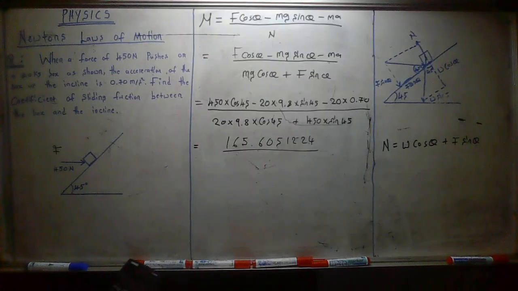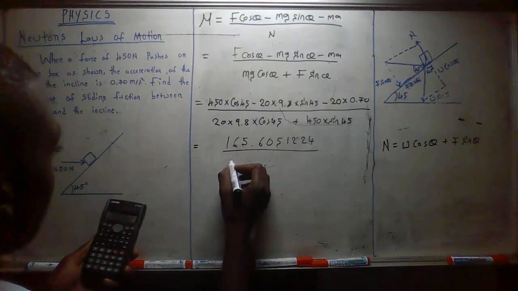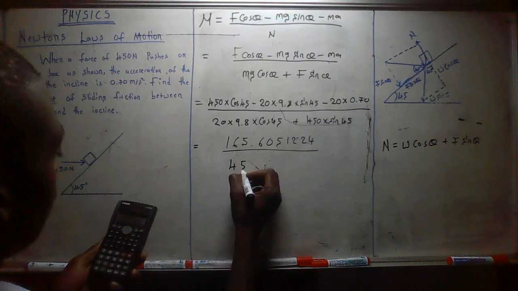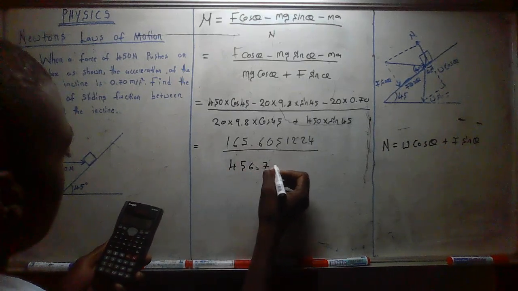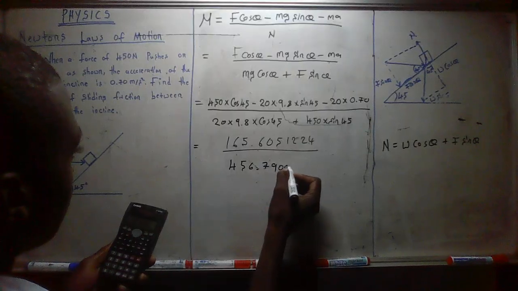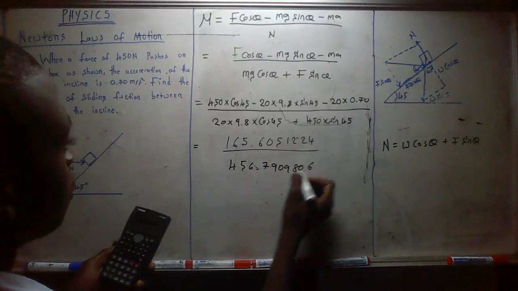Okay, so divided by, so in this case we say 20 by 9.8 by cos 45 plus 450 by sin 45, which is giving me 456.7909.806.